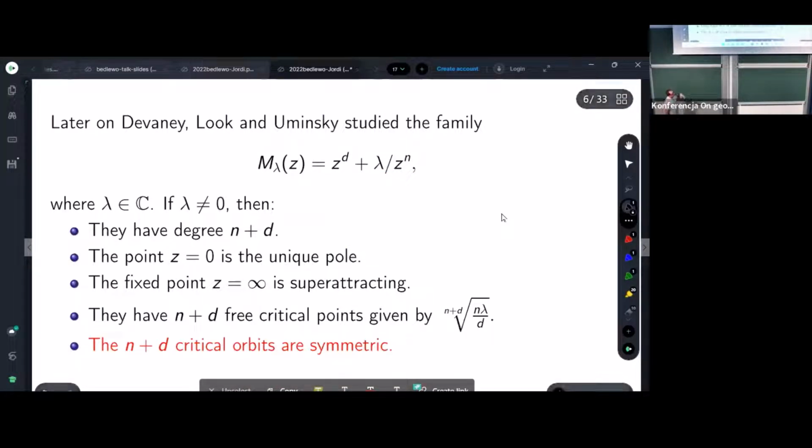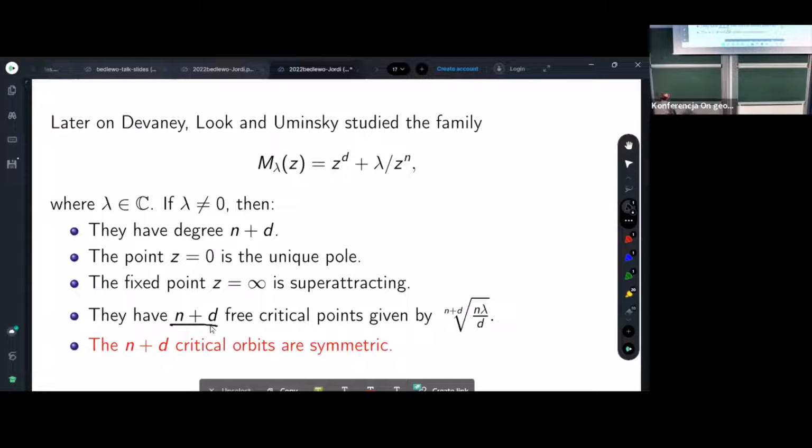Then this family was studied in a more general setting, z to the power of d plus lambda over z to the power of n, by Devaney, Look, and Uminsky. They studied several general properties of this family. They studied very well the dynamical plane, and this family has certain important features: z equal to 0 is the unique pole, infinity is still super attracting, and they have n plus d free critical points, given by a certain formula.